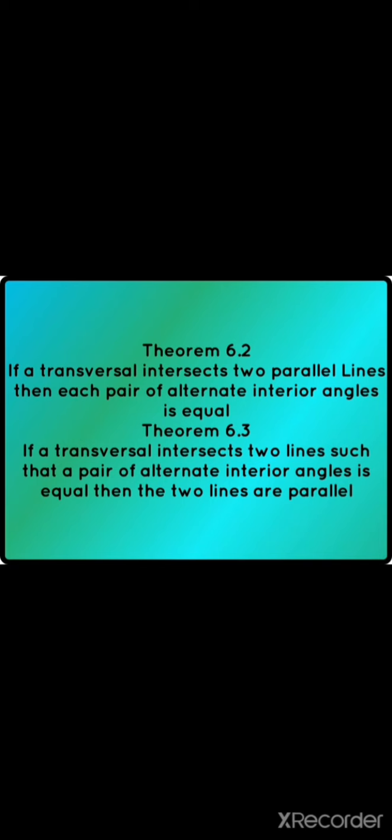We can take this as a condition to check whether the given pair of lines is parallel or not. If one pair of alternate interior angles is equal, then we can tell that the 2 lines are parallel.